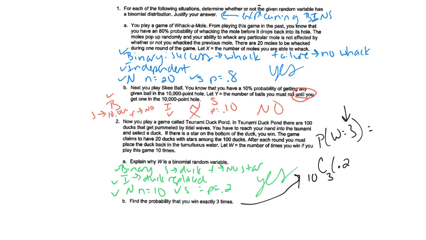My probability of success is 0.2 to the third power because I had 3 successes. My probability of failure then is 0.8, and I'm going to have 7 failures. When I punch that into my calculator, I get 0.2013. We can also use a distribution in our calculator, which I'll go back and show you in class because I think that will be easier.